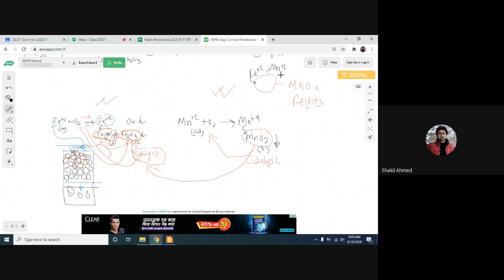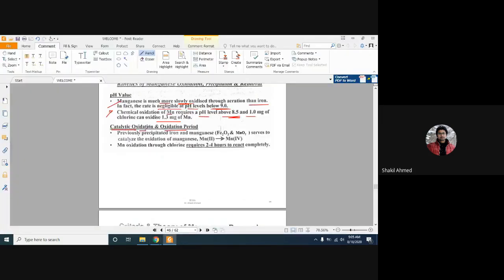And when they are adsorbed, then it is easier for them to convert to ferric, and easier for this also to convert to Mn plus 4. And therefore this oxidation is done, and they convert to solid and therefore are removed. Okay, so that's why they call it catalytic oxidation.